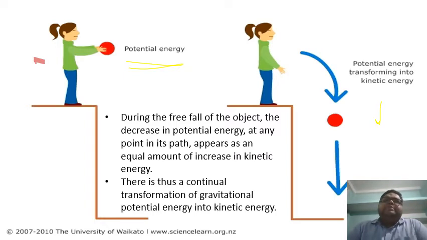The kinetic energy gained by this ball is only that much of energy which is lost by this ball in the form of potential energy. So applying the law of conservation of energy, we can say that energy is neither created nor destroyed. It is only being transformed from the potential energy form to the kinetic energy form.